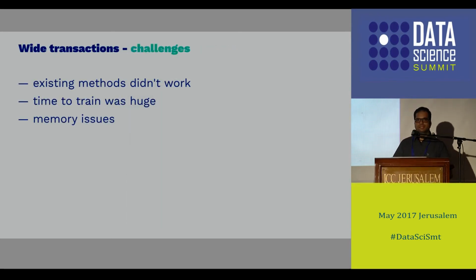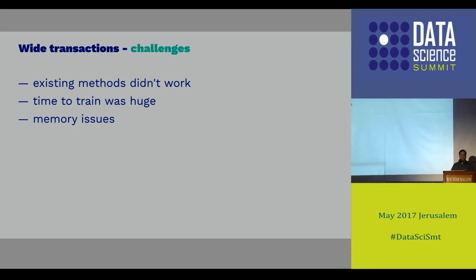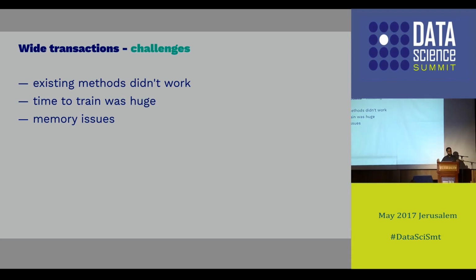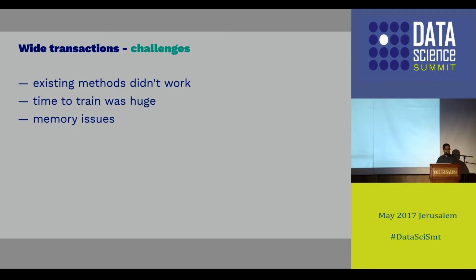We categorize these as wide transactions, where each user, one project, has so many items in that particular transaction. So it's really wide. So you have large data, which is scalability in terms of number of rows, but it's also scalability in terms of the number of packages that make up a particular component.